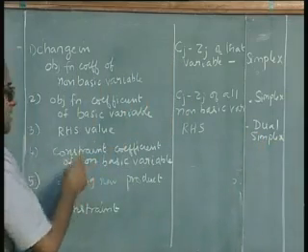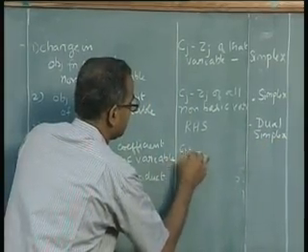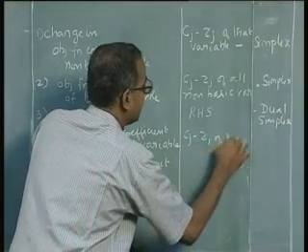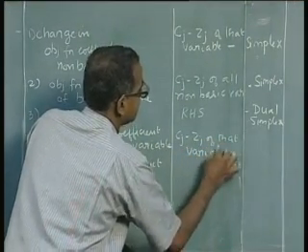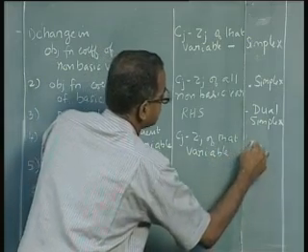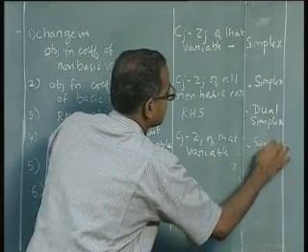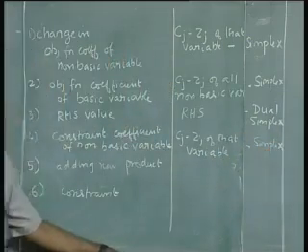Constraint coefficient of a non-basic variable would mean Cj minus Zj of that variable, and if that variable enters, we looked at a simplex iteration.